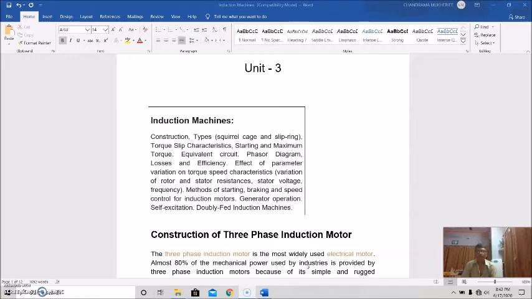We have so far covered up to Unit 2, where we discussed the fundamentals of AC windings, and air gap EMF distributions in concentrated and distributed windings. In Unit 2, we studied pulsating and rotating MMF.